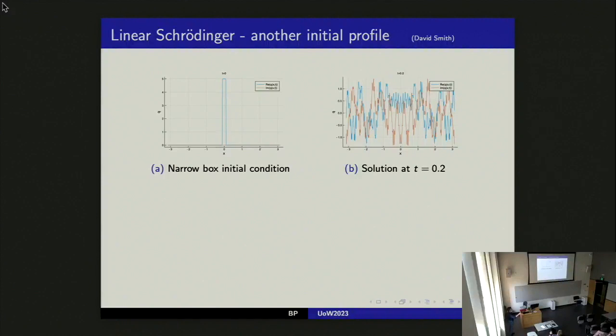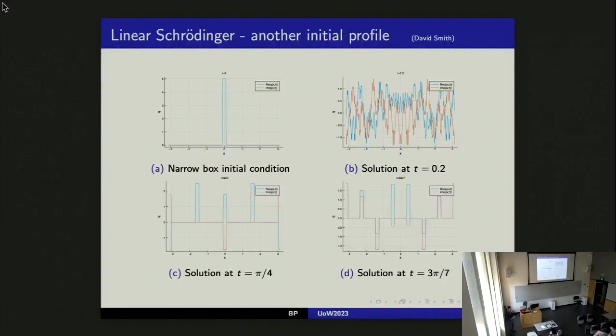And the moment you step time, this is a very short time, all hell breaks loose. You can see this is a very wildly behaving solution, but if you pick your time as a rational time, then it quantizes and it reproduces this initial pattern, several copies of it, rescaled and translated.